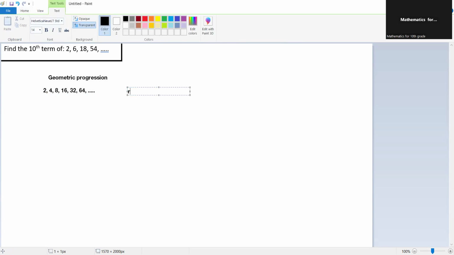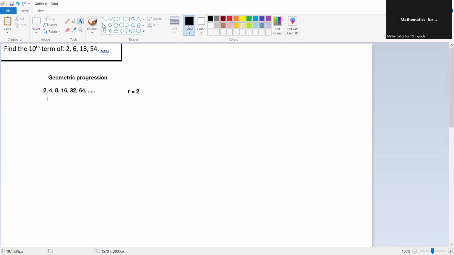The common factor R is 2, because if you multiply the first term, which is 2, with the common factor 2, so I'll just circle this common factor, you get the next term, which is 4. If you multiply the next term 4 again with the same common factor, you get the third term. If you multiply again with 2, you get the next term, and so on. So this is a geometric progression.